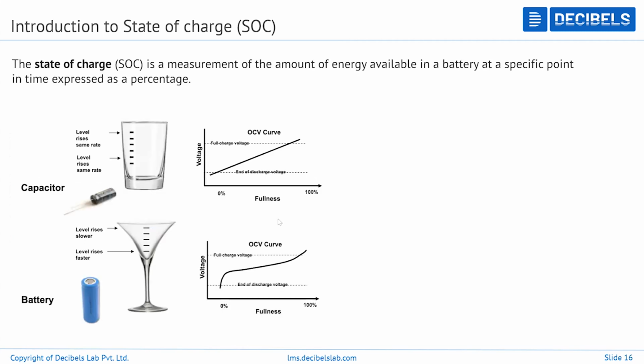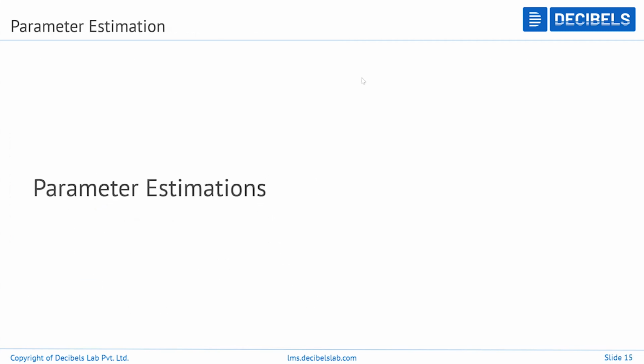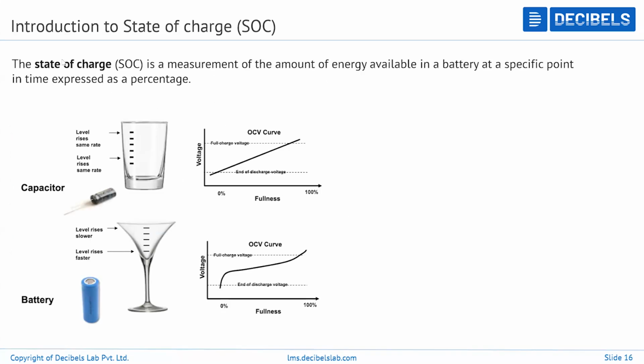Next, we'll talk about parameter estimation. I'll just quickly go through this one, starting with state of charge. It's a measurement of the amount of energy available in the battery pack at a specific point in time. This is again divided into different methods to measure the state of charge.